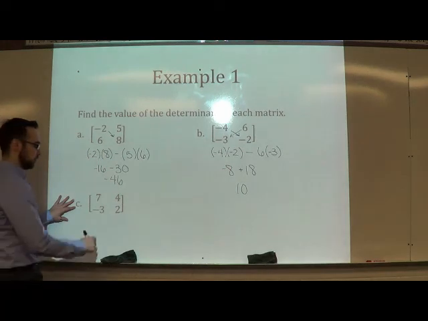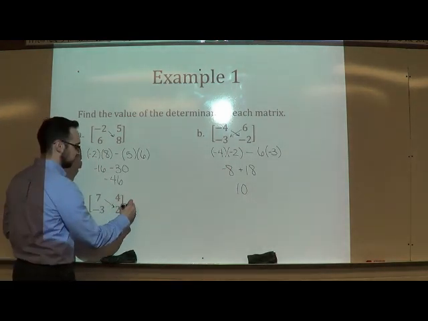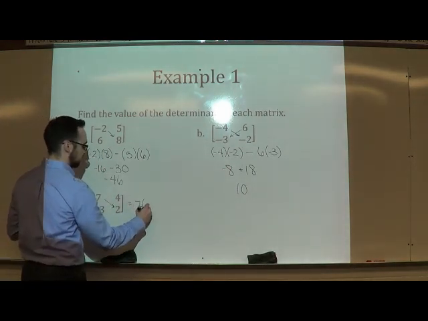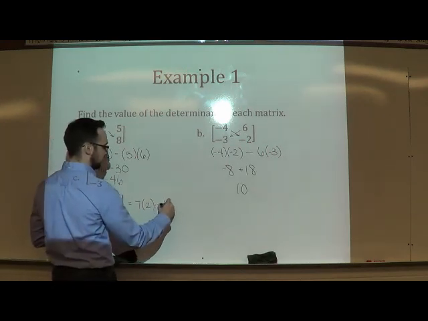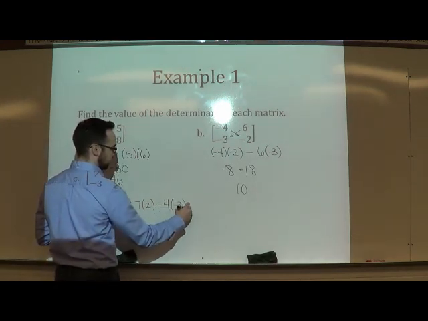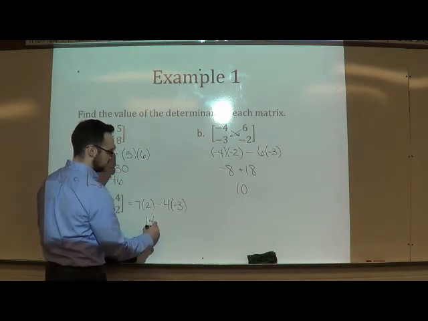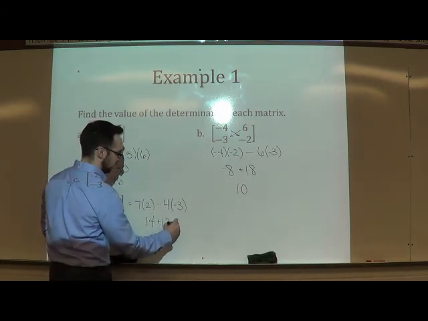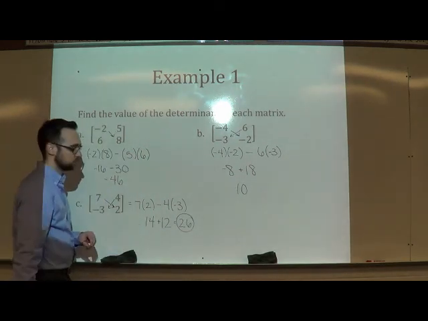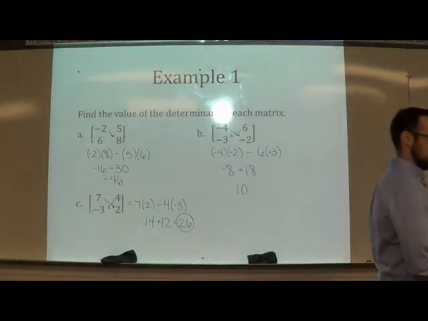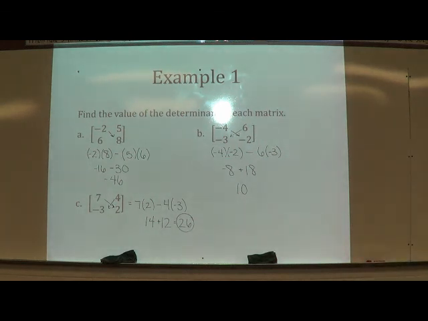And for part C, we're going to have 7 times 2 minus 4 times negative 3, so we get 14 plus 12 gives us a positive 26. And that is the process for finding the determinant of a 2x2 or a second order determinant.